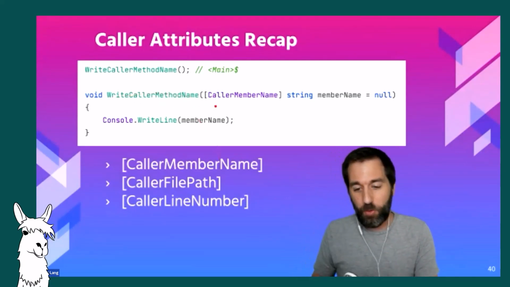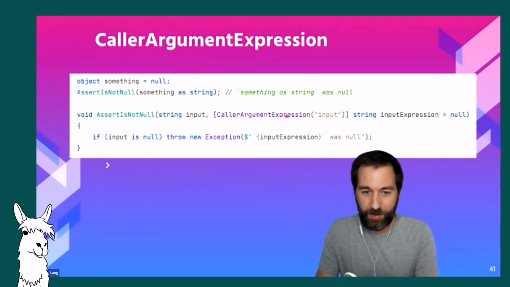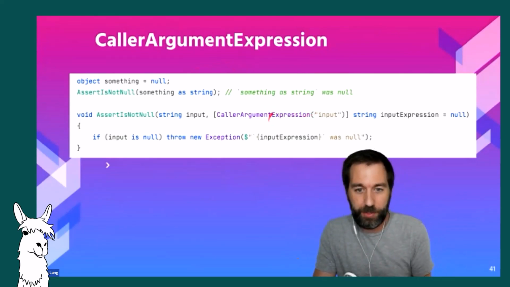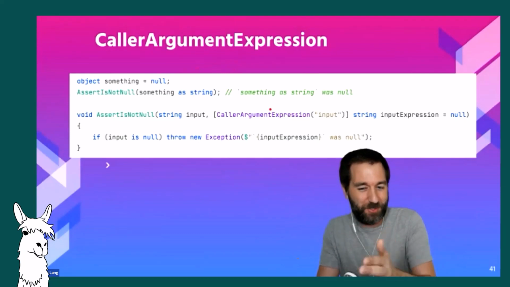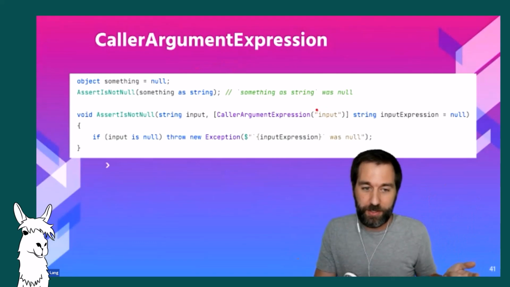This attribute, by the way, has been around in the APIs since .NET Core 3, but obviously the language hasn't had the functionality for it. If you're multi-targeting, that's useful to know. What you can now do is have a CallerArgumentExpression attribute. This is different from the others because you have to pass it the name of another parameter. In this case, I'm passing the name of this string input.